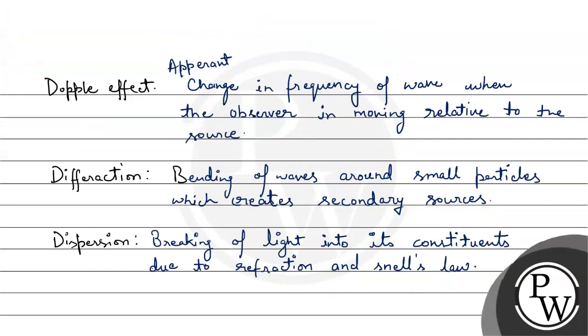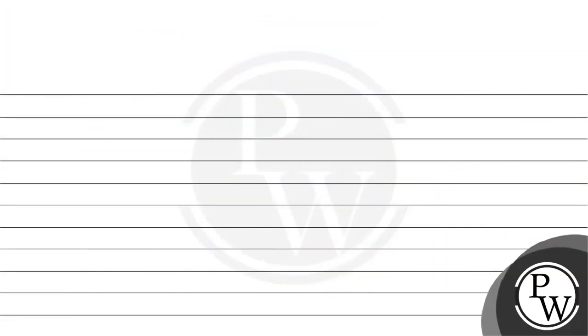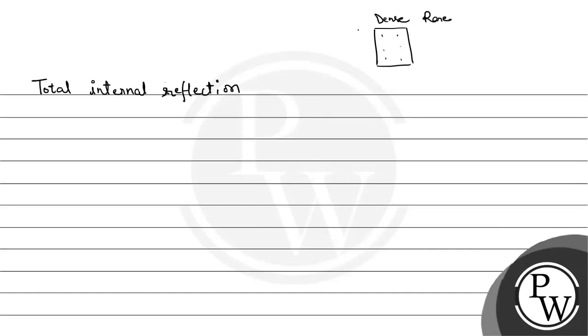Let us check what is total internal reflection. Total internal reflection says that whenever the light travels from a denser medium to a rarer medium, let's say this is the denser medium, this is the rarer medium, and light makes a certain incident angle theta, which is greater than the critical angle, then it internally reflects from the boundary of these two mediums.